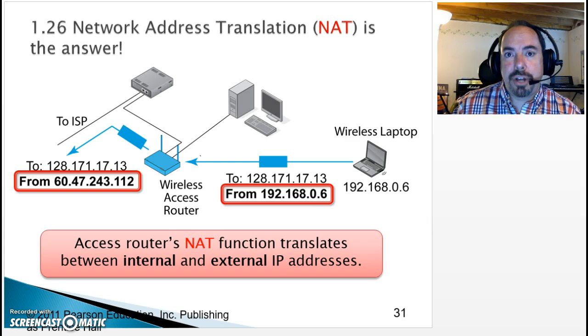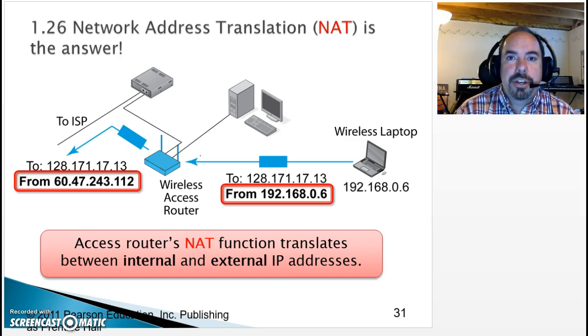It's NAT. The Network Address Translation tool is the protocol. Test question. This is a test question. The Network Address Translation protocol is the protocol that lets you have many devices on your private network sharing one public IP address.